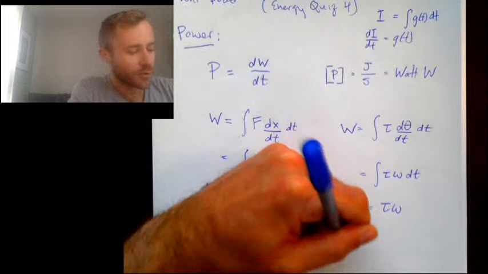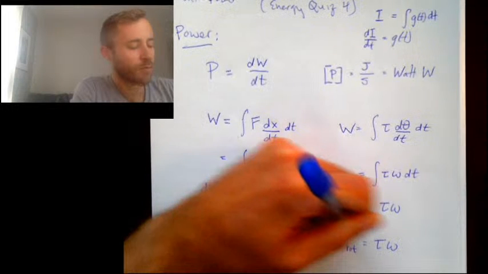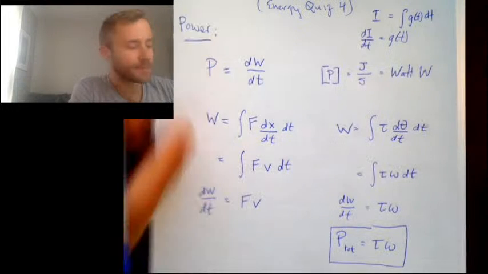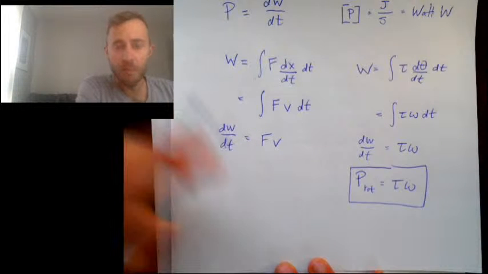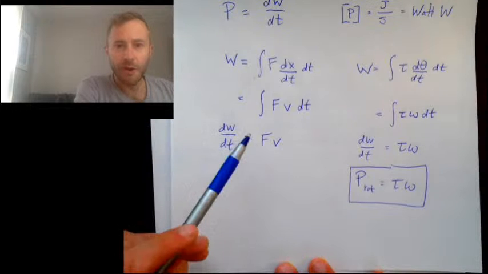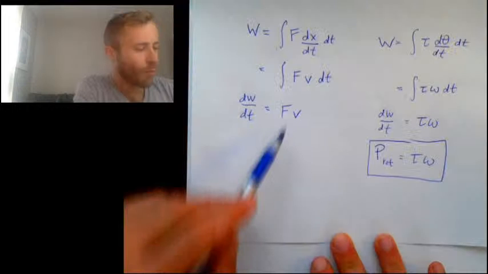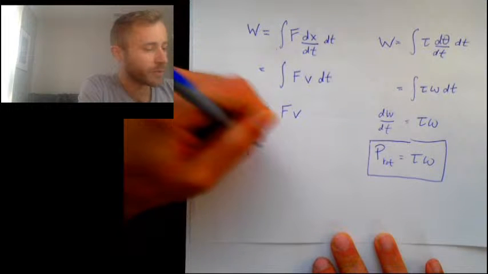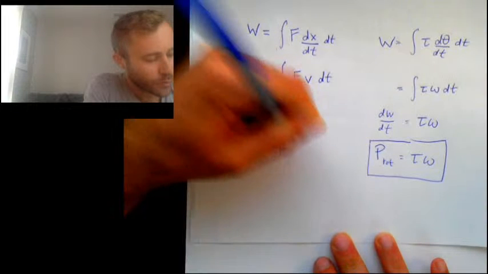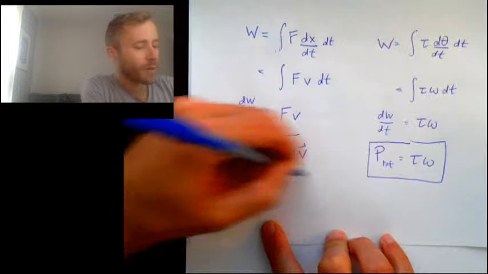So the rotational power is torque times omega. The linear power is force times velocity. This is actually the one-dimensional equation. If you have fully three-dimensional, this becomes the dot product of the force vector with the velocity vector. So these are our two equations for today.